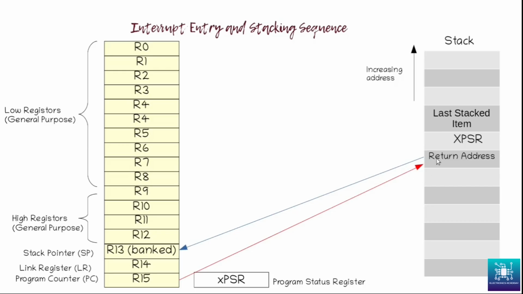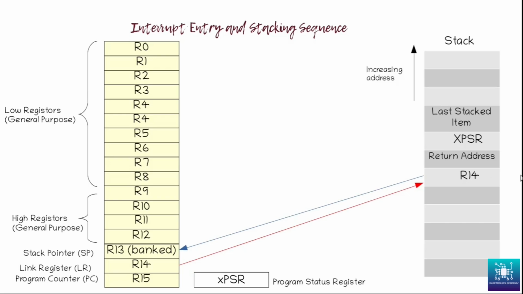Next, the return address, that is the program counter, is pushed onto the stack. One more address down, and the stack pointer now points there. Then the link register is saved, the same process happens, and the blue arrow indicates the stack pointer is pointing to this.